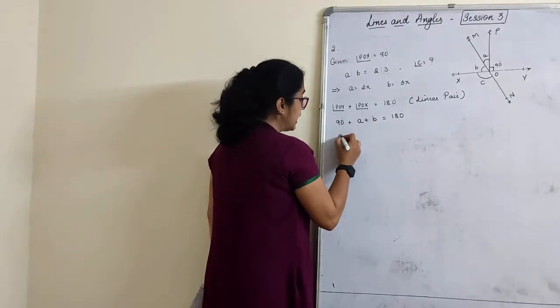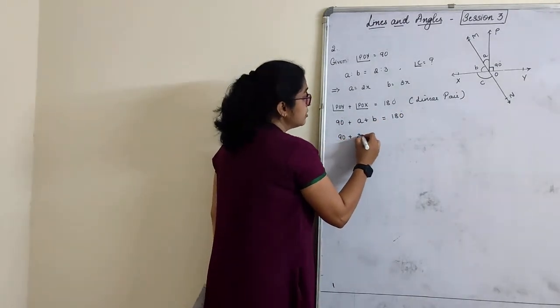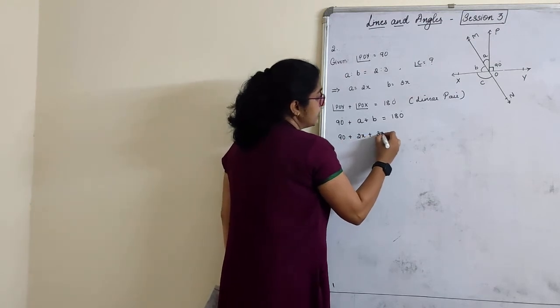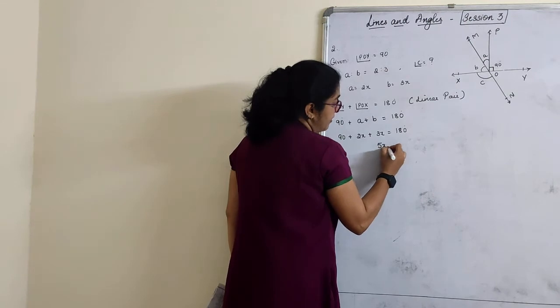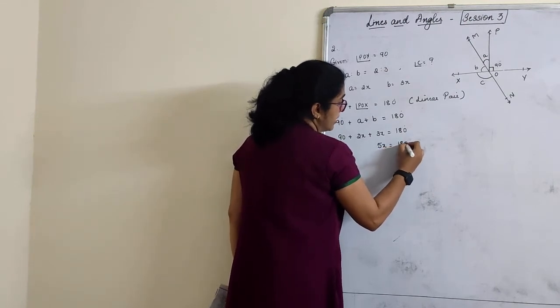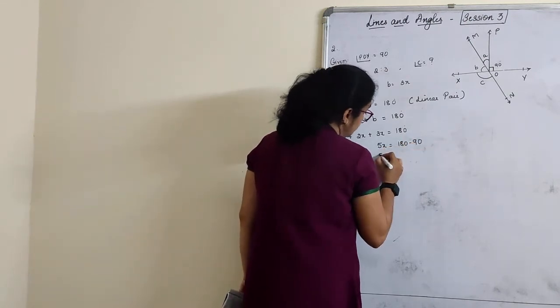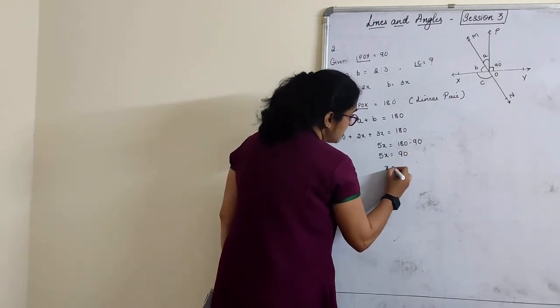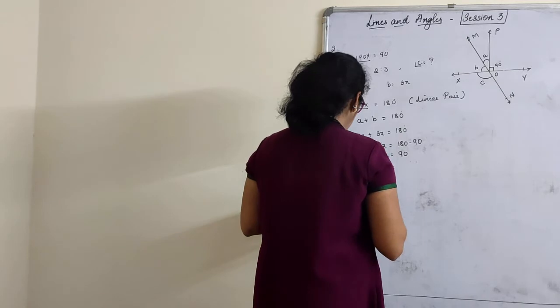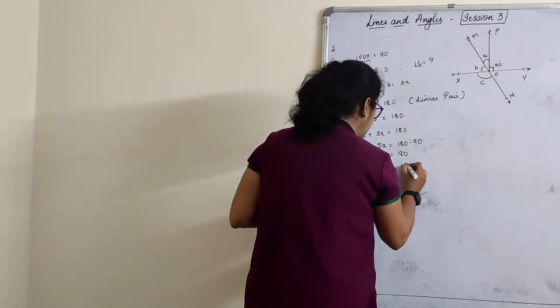Right? What is A? A is 2x plus 3x is equal to 180. 5x is equal to 180 minus 90. 5x is equal to 90. x is equal to 90 upon 5, you get 18.